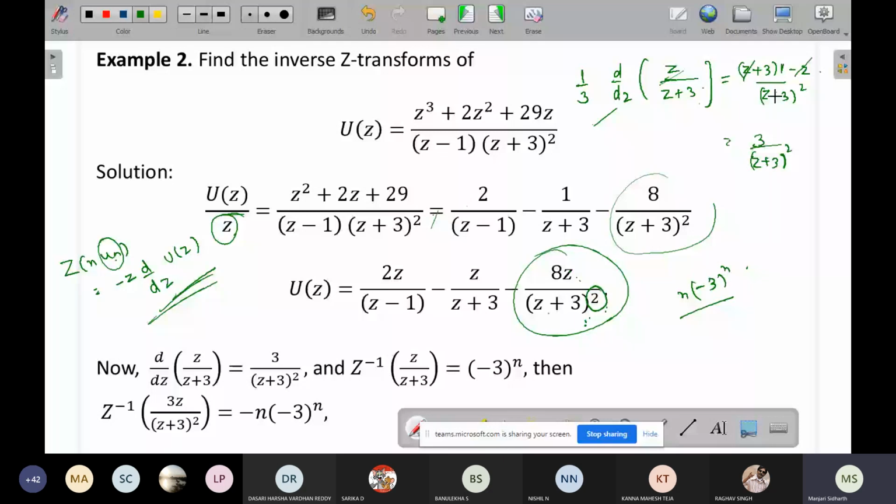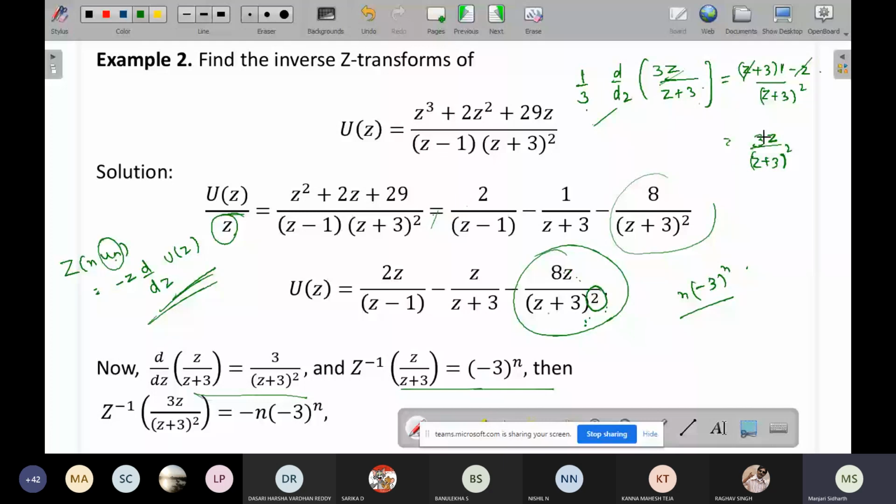But we need 8 here, 8z. So what you do here, when you come to here and z is equal to this, that means if it is 3z here, just divide and multiply by 3, so this and this 3 will be balanced out.